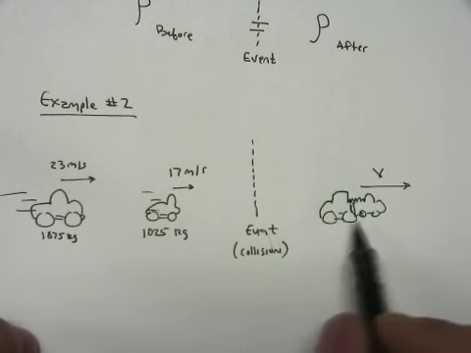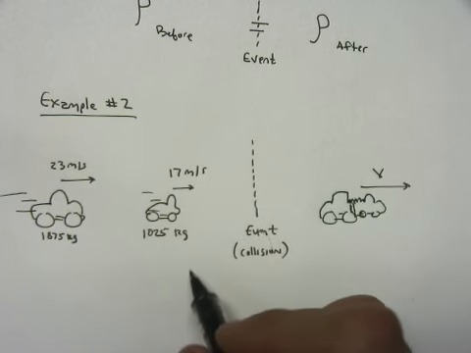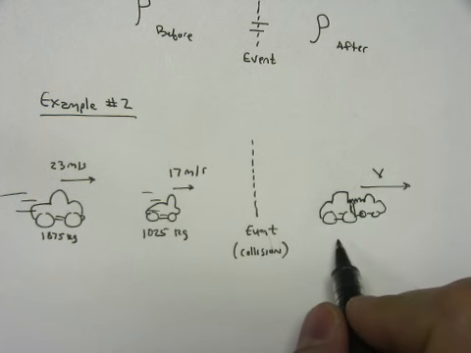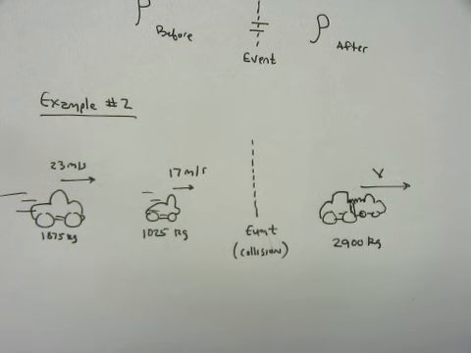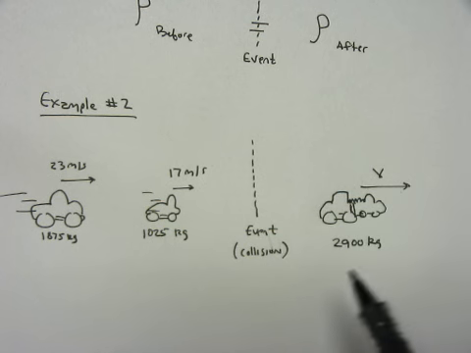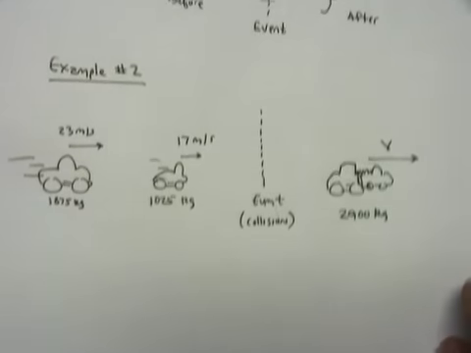Since they stick together, I know their masses just add together, and it's 2,900 kilograms. So the question is, what velocity do they move off with just after the collision?